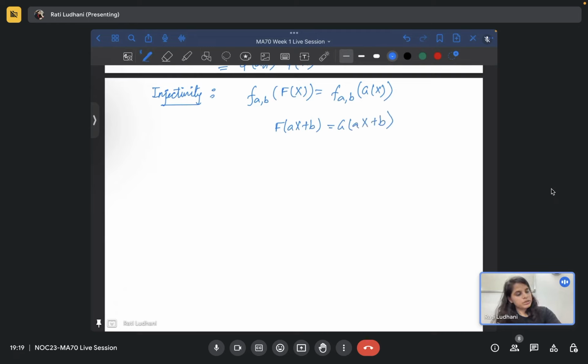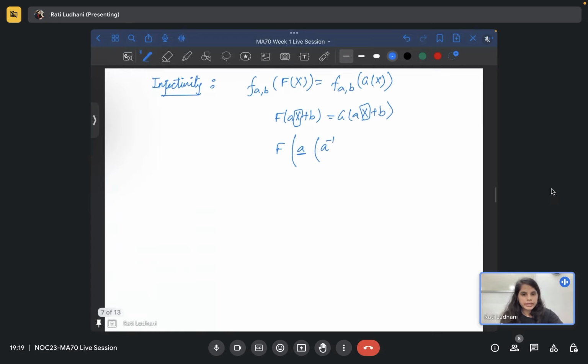So what you can think is that you choose some x such that you get f(x) is equal to g(x). I need to get rid of a, so I can multiply by a inverse. I'm choosing x to be such that, something of that kind, and I also want to get rid of this b.